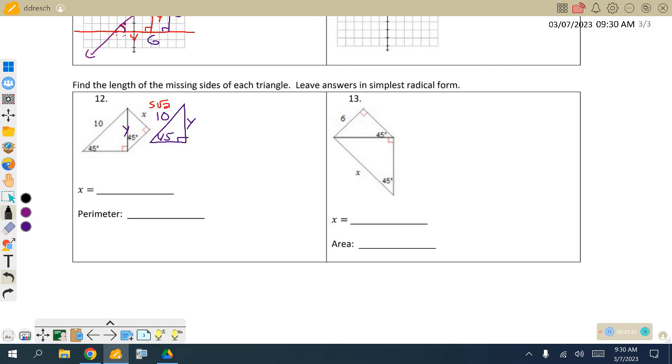Now, unfortunately, that's not a quick, hey, it's going to be 5. It's not going to be 5. You do need to do some work of dividing. The reason why I know it's not going to be just a quick 5 is because it doesn't say 10 root 2 at the end. It has to have a root 2 at the end of that. Let's divide and let's rationalize.